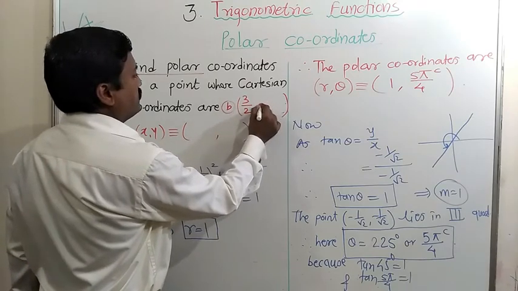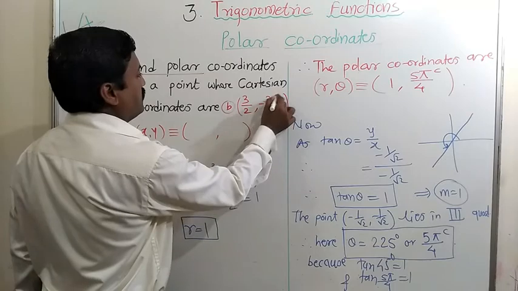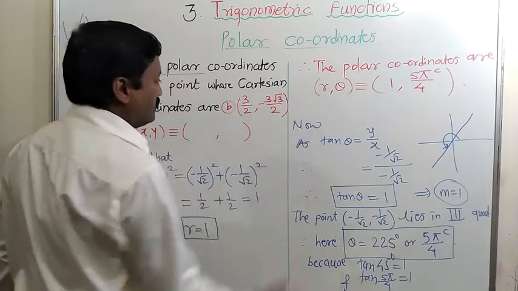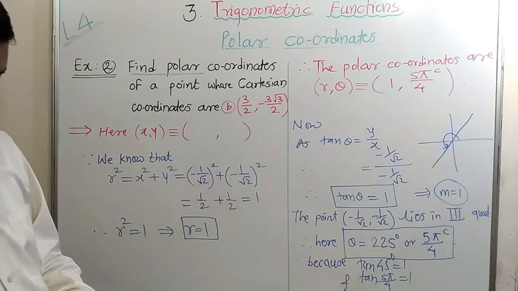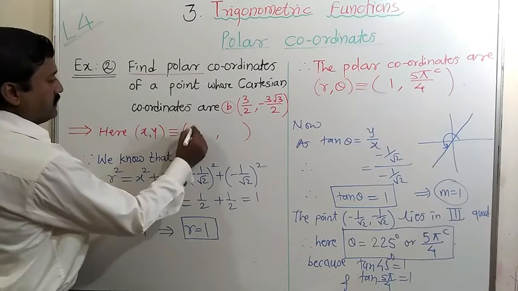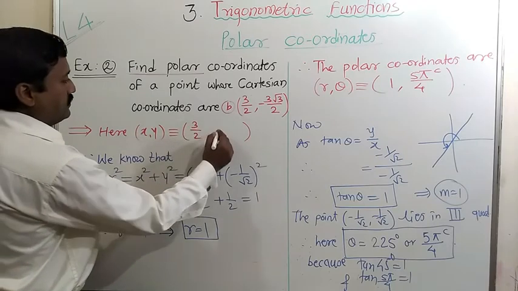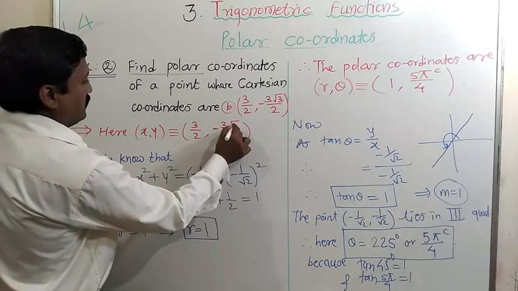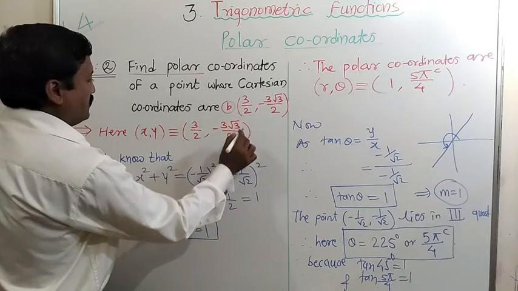Here x, y is 3 by 2 and negative of 3 root 3 upon 2.